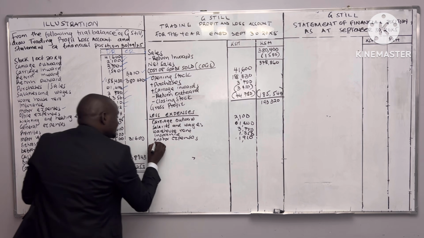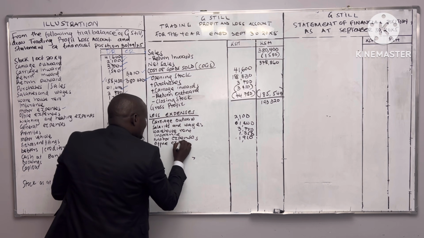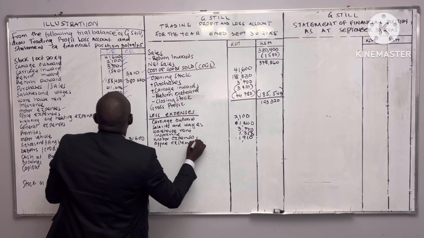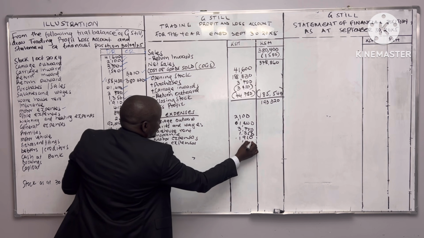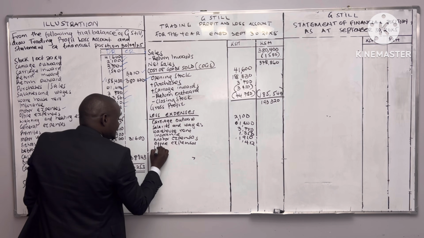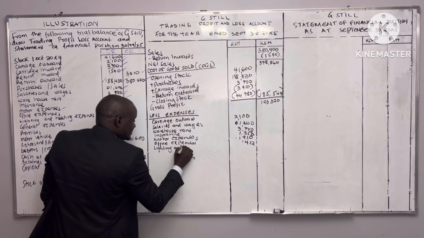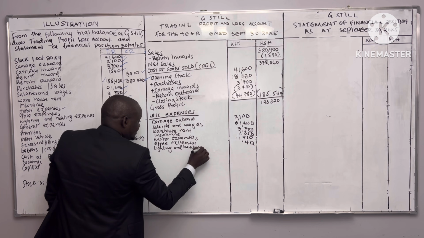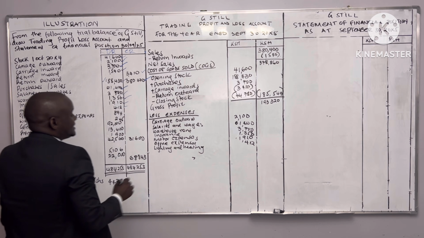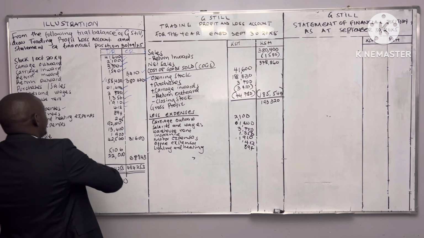Office expenses, 412. We have lighting and heating expenses, 894.